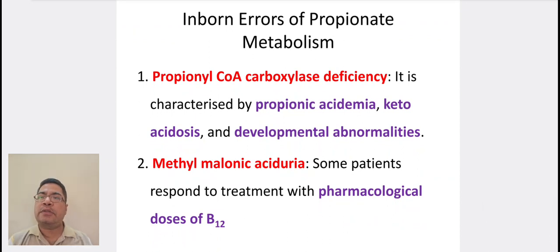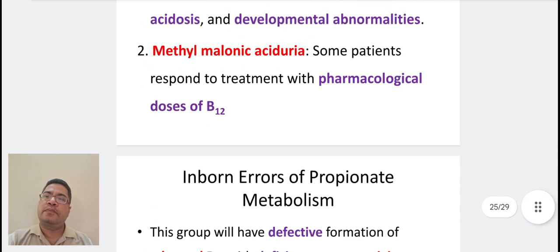Coming to inborn errors of propionate metabolism. Propionyl CoA carboxylase deficiency is characterized by propionic acidemia, ketoacidosis, and developmental abnormalities. Methylmalonic aciduria. Some patients respond to treatment with pharmacological doses of B12.